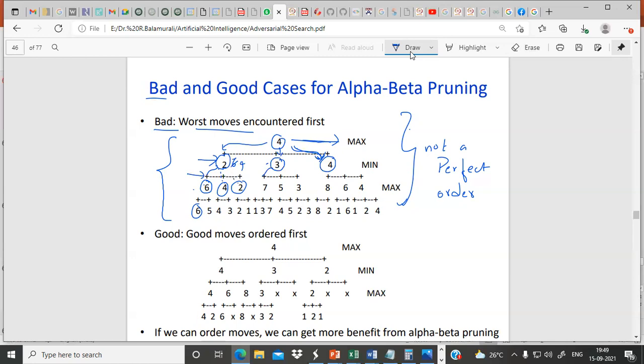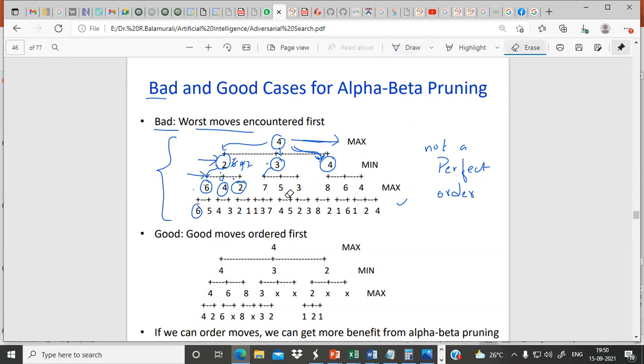In the other path he got 2, so he replaced it with 2. So min also has to explore everything. First he has to explore 6, 4 and 2, and only then can he be sure that 2 is the minimum.